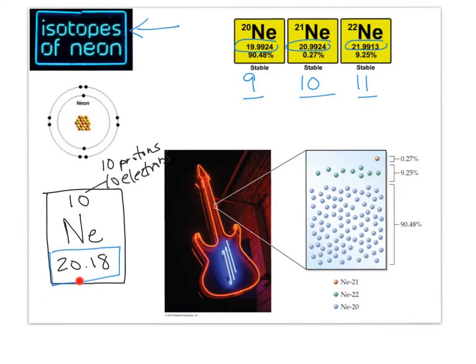So this atomic mass that's given here in the periodic table is actually a relative atomic mass because it is the average of the atomic mass of all the isotopes in the sample, and it's not equal amounts of each of the isotopes that make up the mass. Some are going to be more prevalent and others are going to be less. So you have to keep that in mind in terms of how they get this average atomic mass.